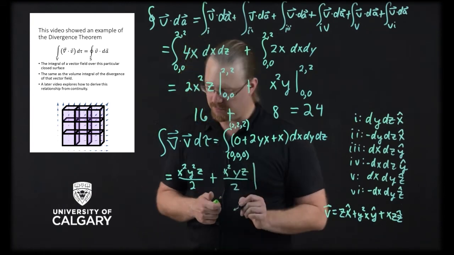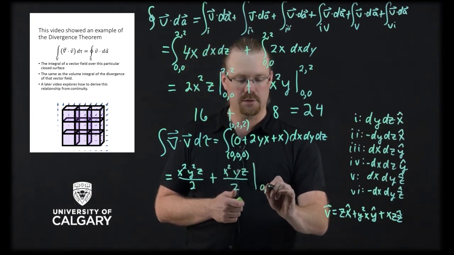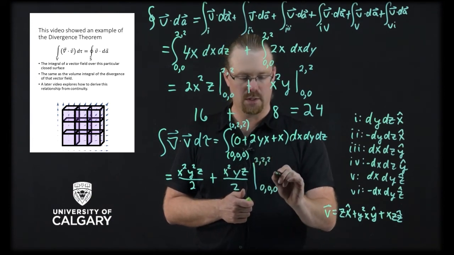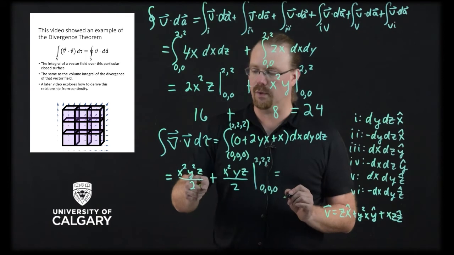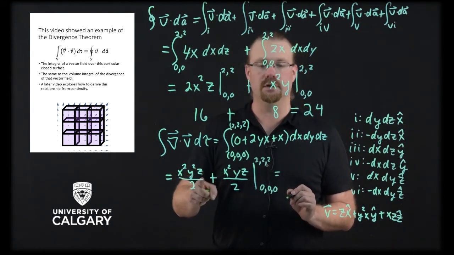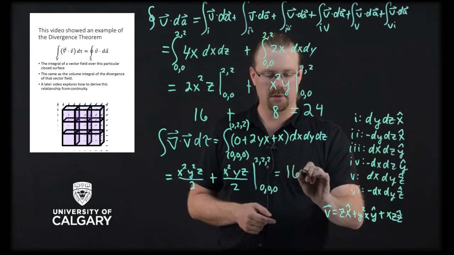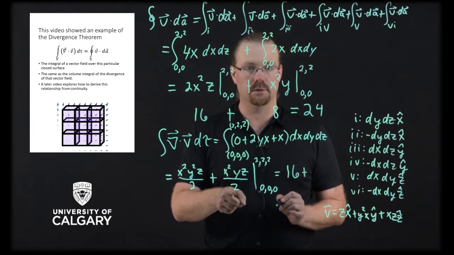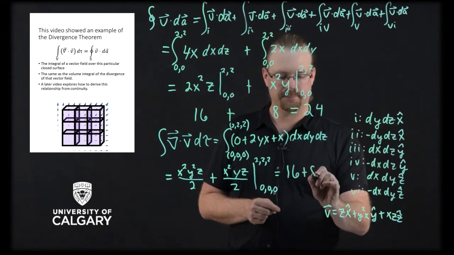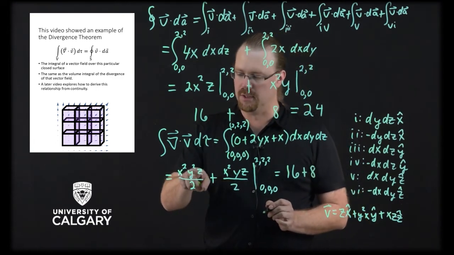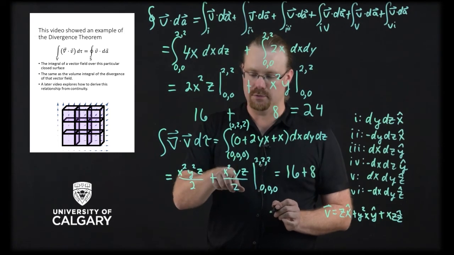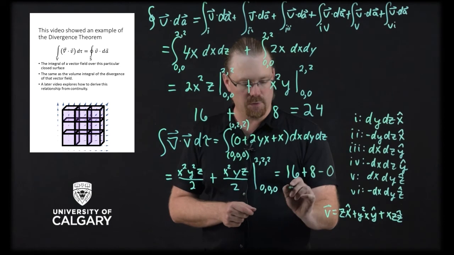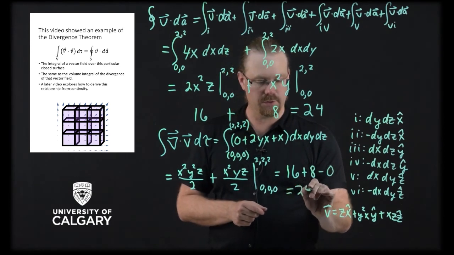And this whole expression is going to be evaluated, as I said, from 0, 0, 0, up to 2, 2, 2. So that means we have 2 squared times 2 squared times 2 divided by 2, which is 16, plus 2 squared times 2 divided by 2, which is 8, minus 0 times 0 times 0 over 2, plus 0 times 0 times 0 over 2, so minus 0. And this, of course, is now equal to 24.